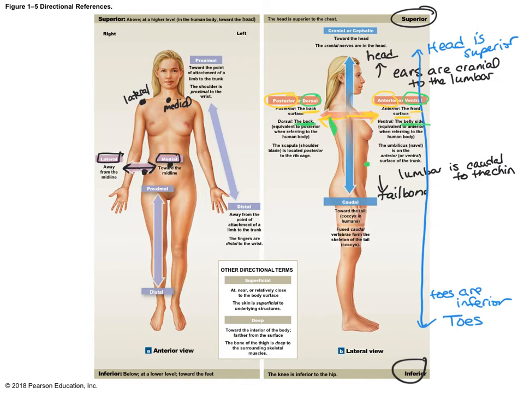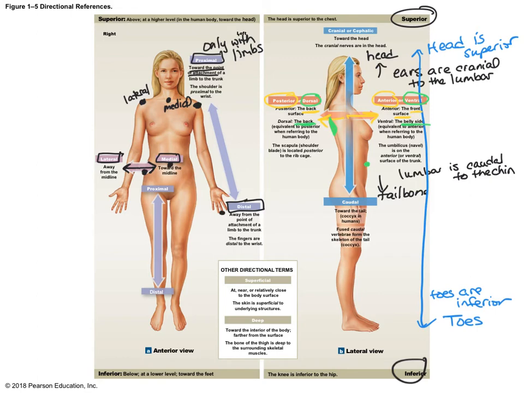Then we have the terms proximal and distal. So proximal and distal are terms that we use only when we're talking about the limbs, like the arms or the legs. Proximal means closer to the point of attachment of where that limb attaches to the trunk. Distal means away from the point of attachment of that limb to the trunk.